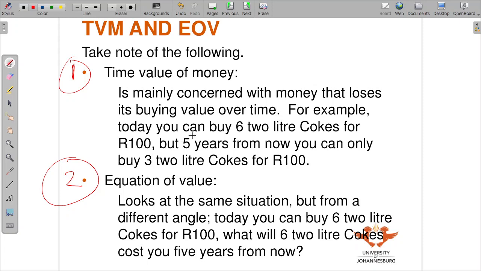For example, if we can buy 6 two-liter bottles of Coke for 100 rand now.